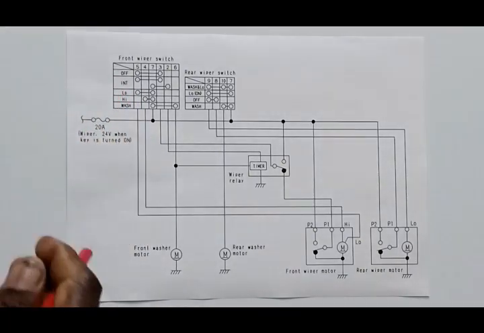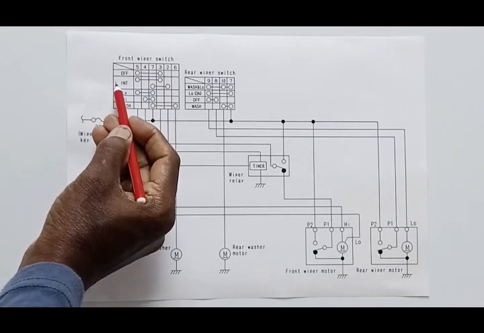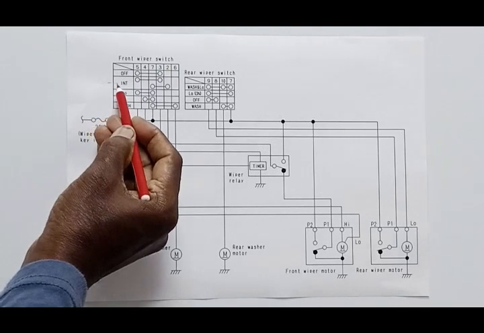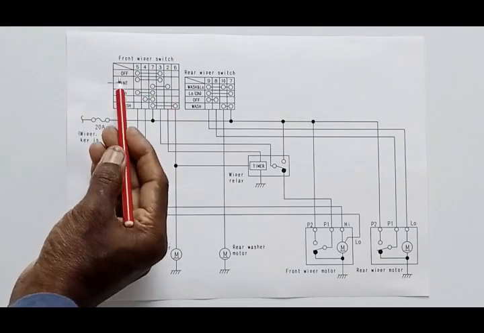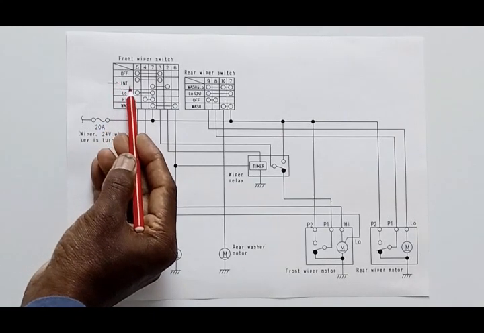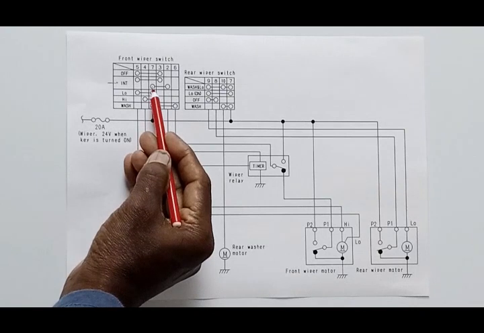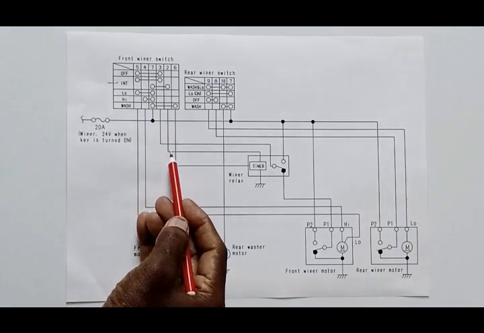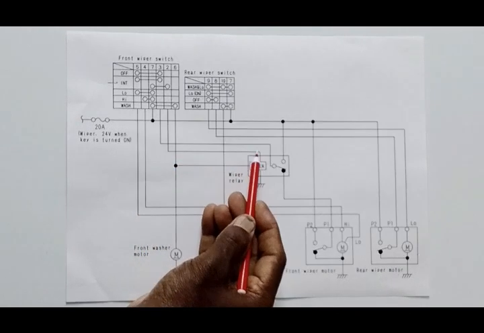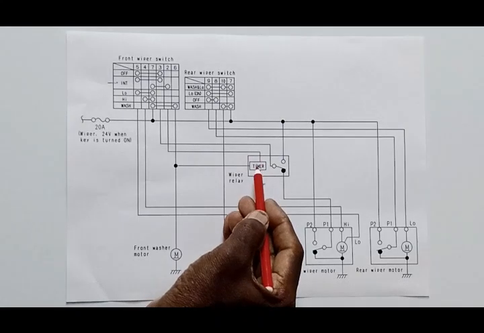As soon as we switch on the wiper motor and we put the wiper on this interval, what happens? From this fuse, power goes there, and from here it goes to the timer, and the timer becomes on.